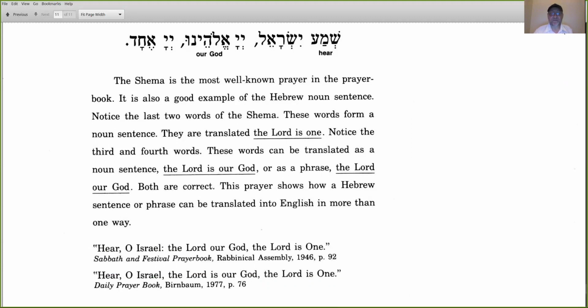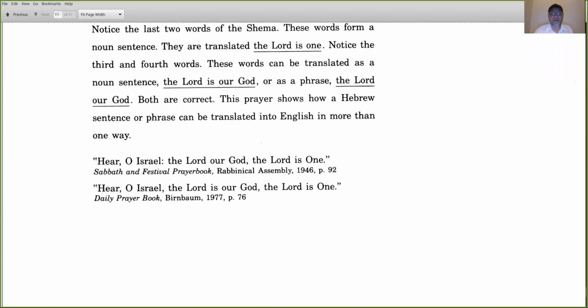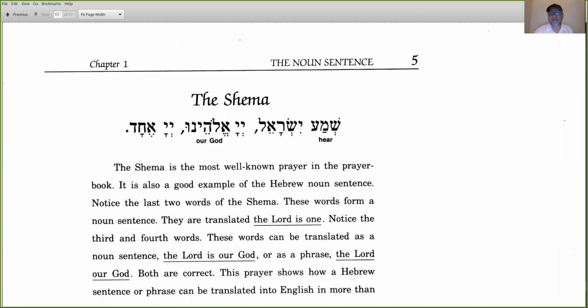Notice the third and fourth words. These words could be translated as a noun sentence, the Lord is our God. Well, we use Yehovah is our God, or as a phrase, the Lord our God, or Yehovah our God. That's how we did it. Both are correct. This prayer shows how a Hebrew sentence or phrase can be translated into English in more than one way. Okay, so here are a couple of the citations from different prayer books and how they have translated that. And that is how it looks in Hebrew in a prayer book.